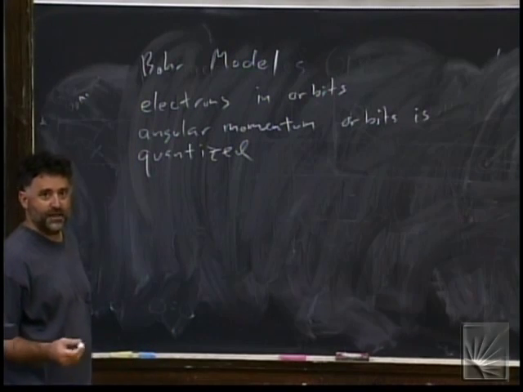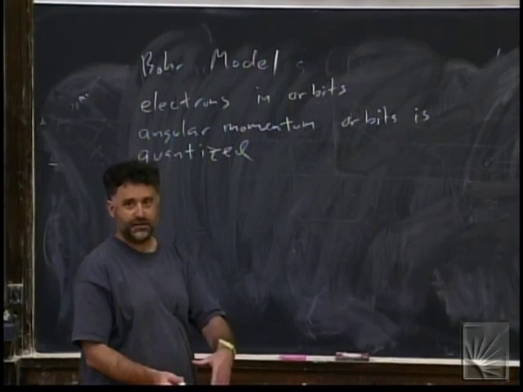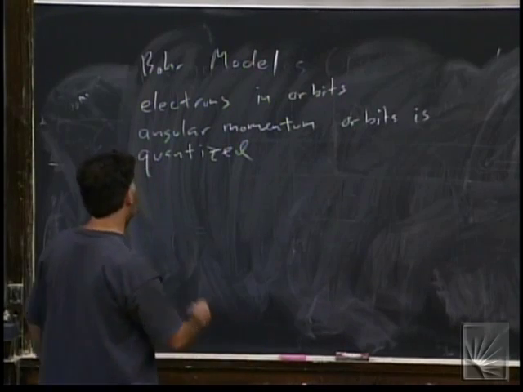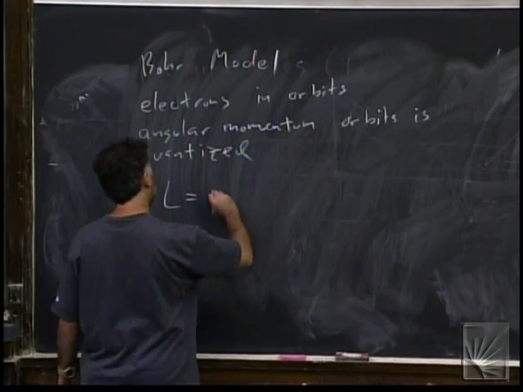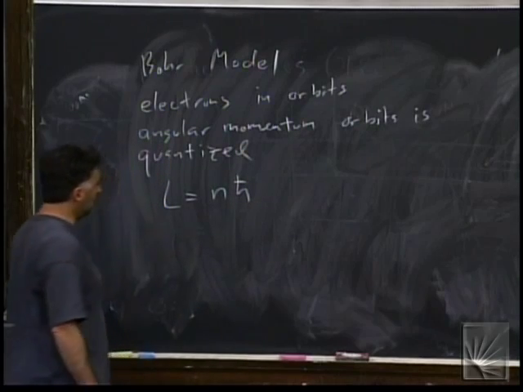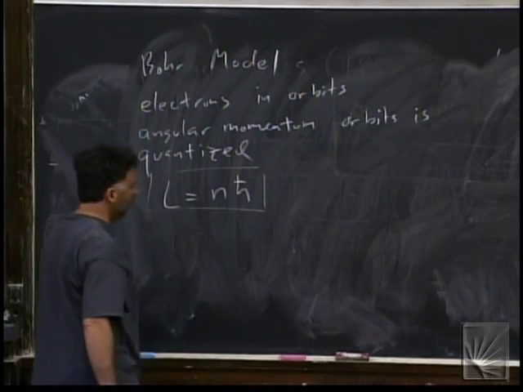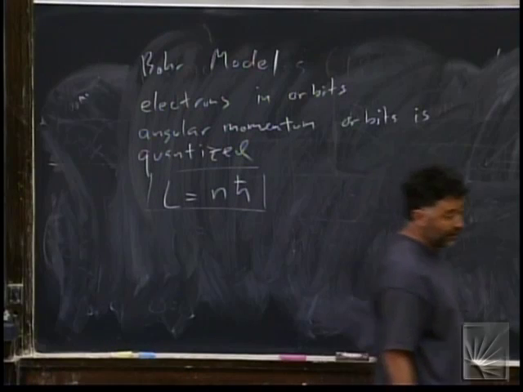By quantized it means it can only come in certain chunks. Another way of saying it is it depends on a quantum number. Okay. And so he wrote down the quantization condition as L equals n h-bar.